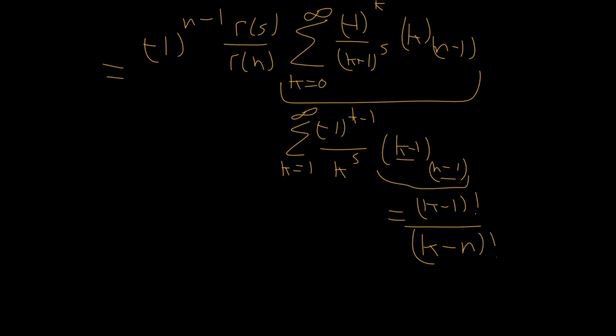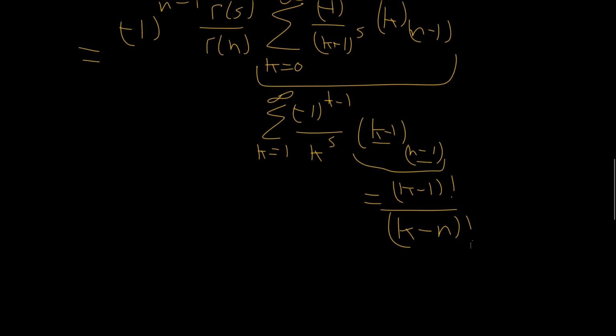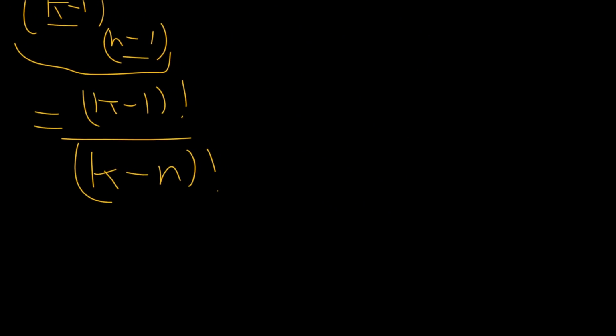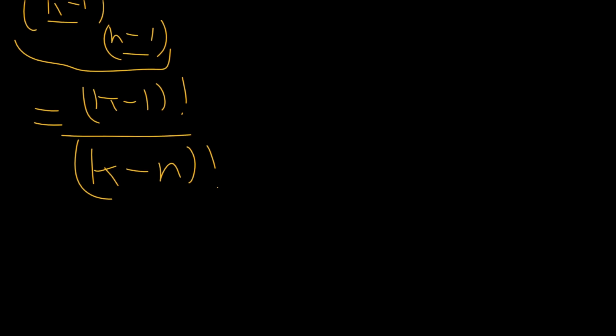And this right here actually has quite a few interesting things about it, so let me zoom in and write this off to the side. Say we choose an n, let n be equal to 3. What we have in the denominator is a k minus 3 factorial, and in the numerator we still have our k minus 1 factorial.